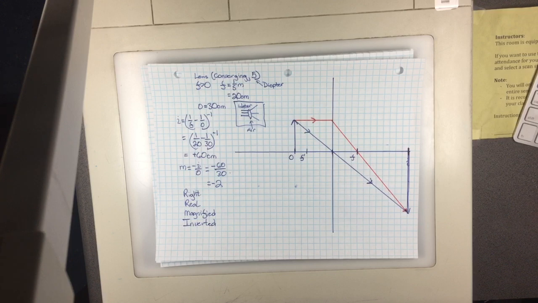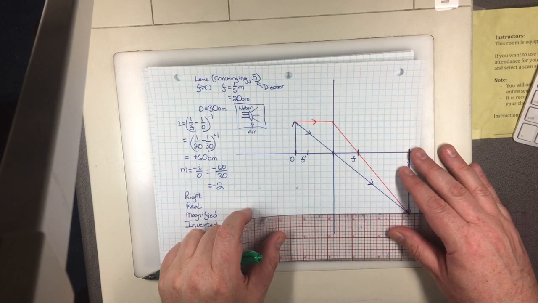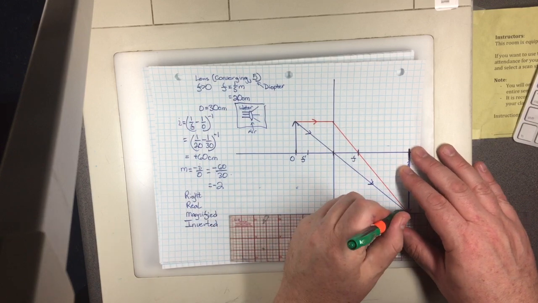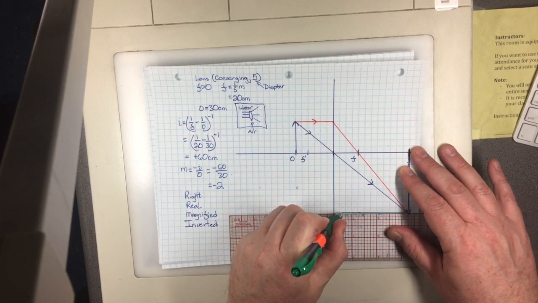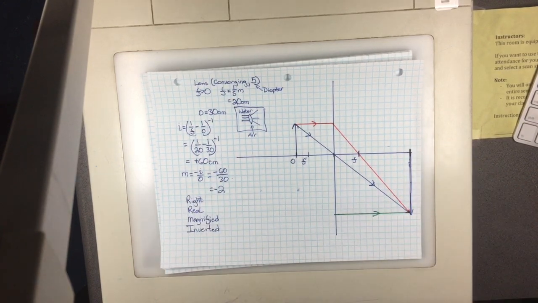The third ray, that's a trippy ray. I don't like the third ray. Third ray and I have not gotten along. But now that I've figured out really the trick to third rays, the ray becomes parallel, that third ray.